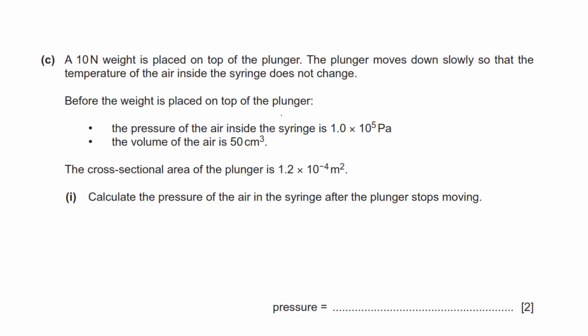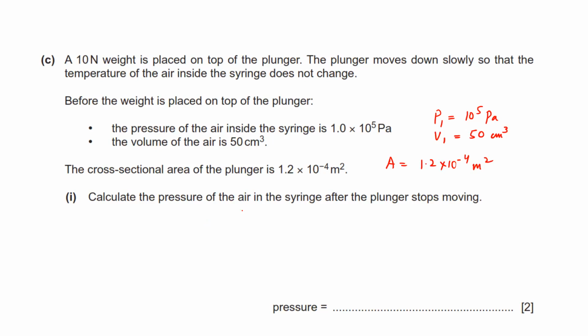Before the weight is placed on top of the plunger, the pressure of the air inside is 1 into 10 power 5 pascals, and the volume of the air is 50 centimeter cubed. We call it P1 is 10 to power 5 pascals, V1 is equal to 50 centimeter cube. The cross-sectional area of the plunger is 1.2 into 10 to power minus 4 meters square.